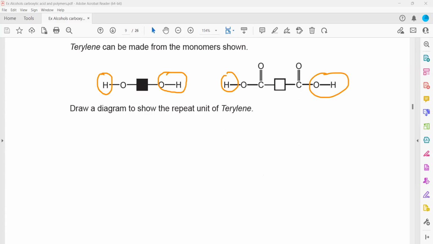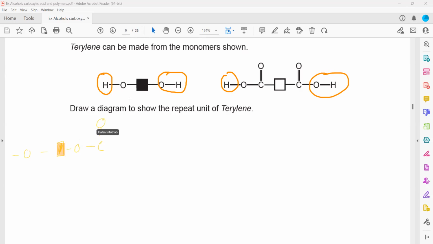Use a screen annotation to draw this. It should be a repeat unit. Yeah, like this. So if you remove H from here, there will be O, then there will be a shaded box.